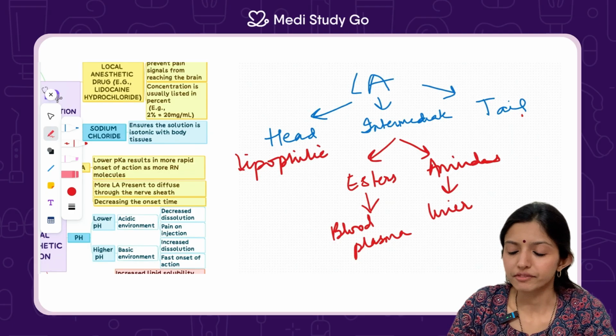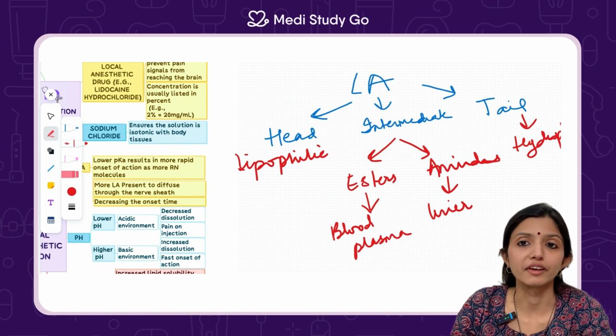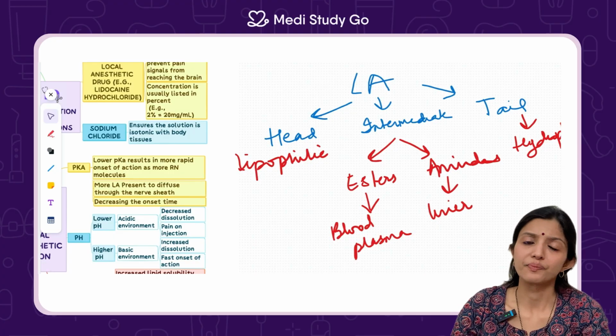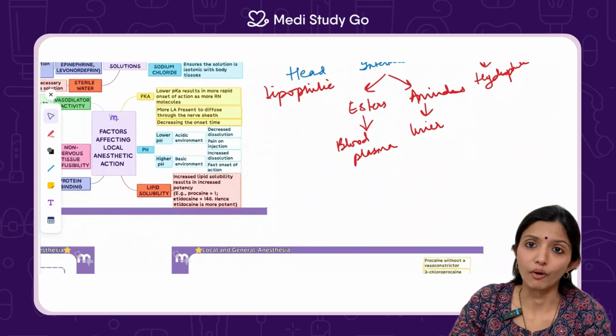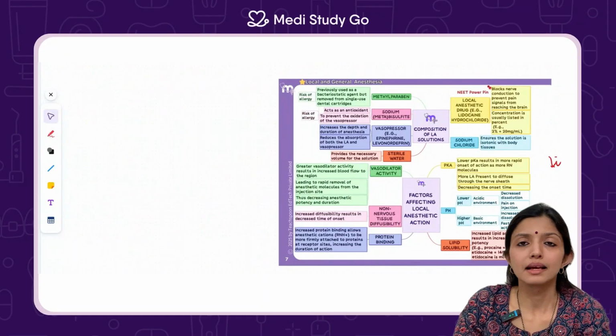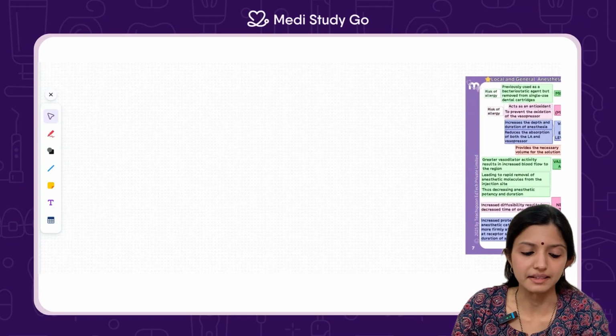In the end, you have the tail, which is your hydrophilic part, the water loving part. So, this is the basic structure of your local anesthetic molecule, and based on this you have the various definitions, categories and classifications of local anesthetics.